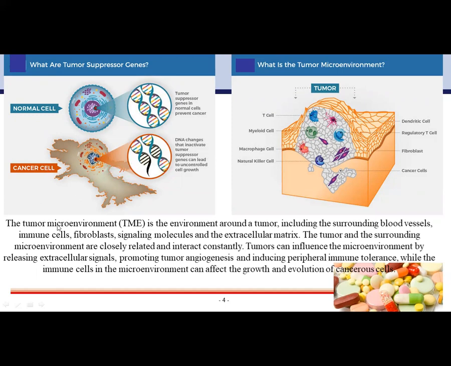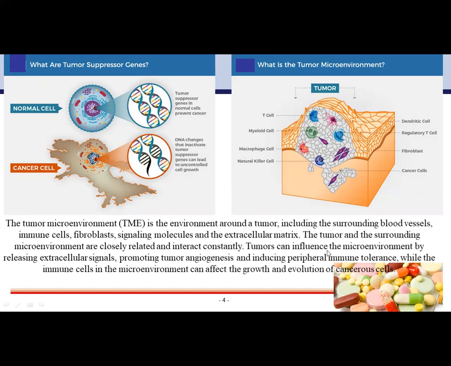The tumor microenvironment, TME, is the environment around a tumor, including the surrounding blood vessels, immune cells, fibroblasts, signaling molecules, and extracellular matrix. The tumor and the surrounding microenvironment are closely related and interact constantly.